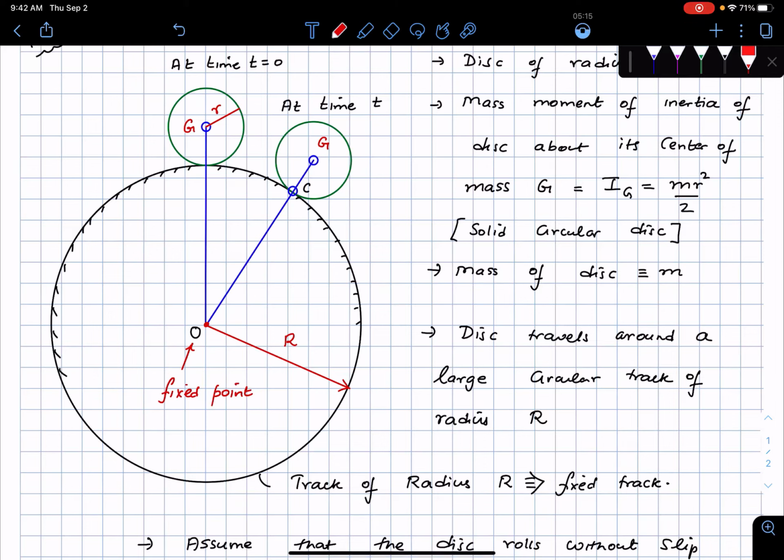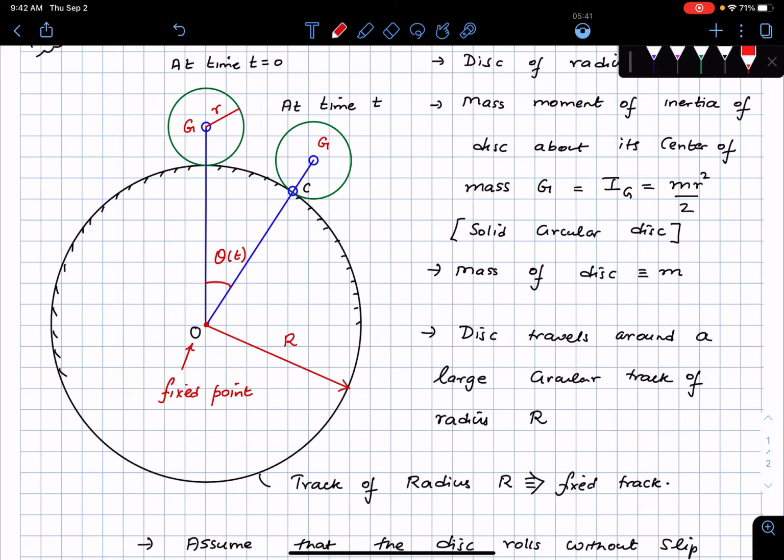And perhaps you might have come across problems like this in your dynamics lecture. If not, we will solve this step by step. Okay, so I'm going to assume that as time goes from 0 to some arbitrary time instant t, the angle that is swept by this line OG is going to be theta of t. Okay, so I'm going to say that this angle here is going to be theta of t.